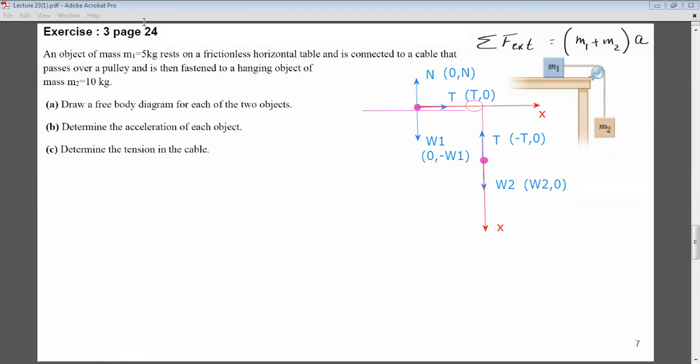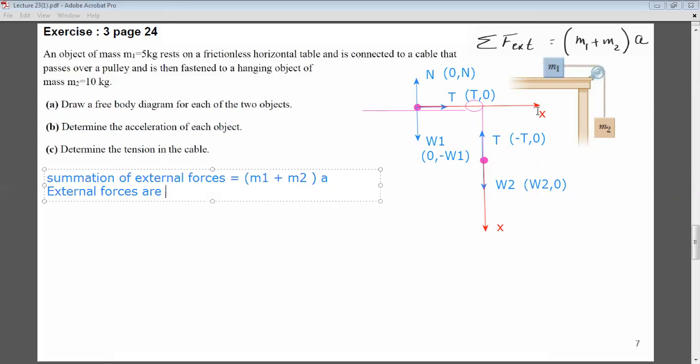Okay, now we need to calculate the acceleration. The summation of external forces equals (M1 plus M2) times A. What are the external forces along the motion?